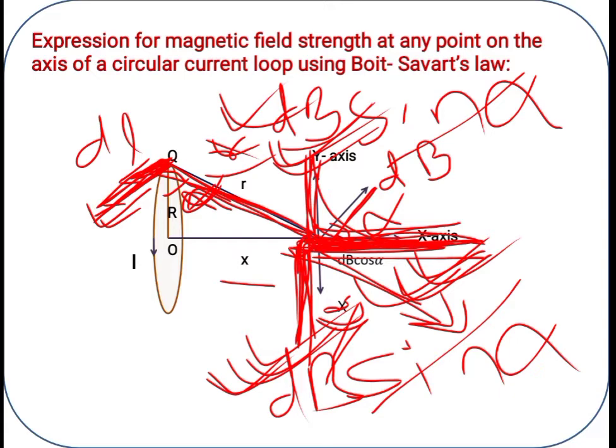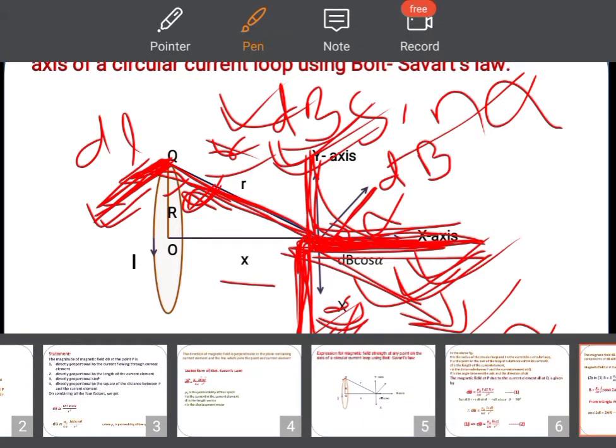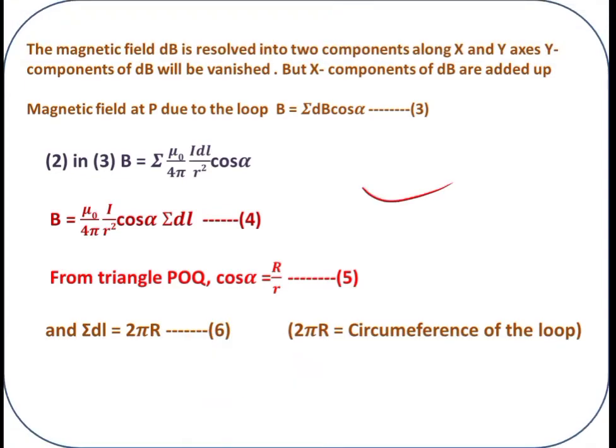Now if we consider dB cos alpha, how do we write it? Total magnetic field is equal to the summation of dB cos alpha. We can call this equation number 3. Now substitute equation 2 in equation 3.